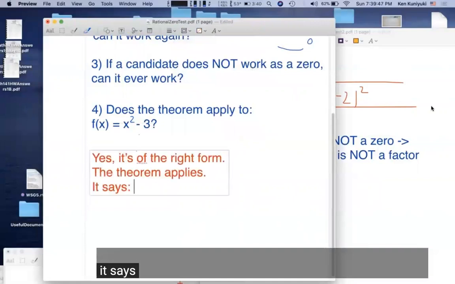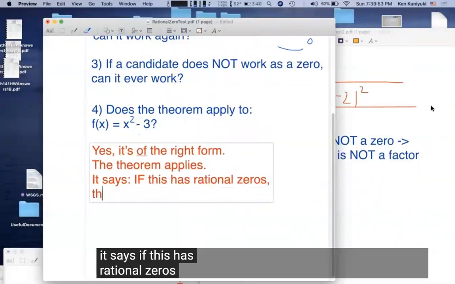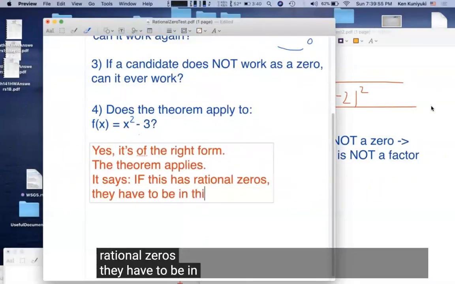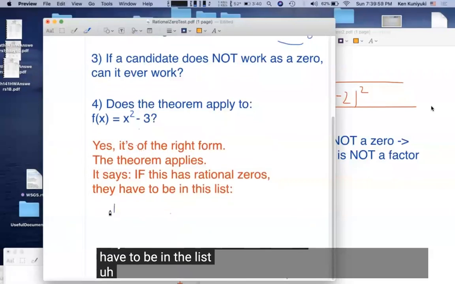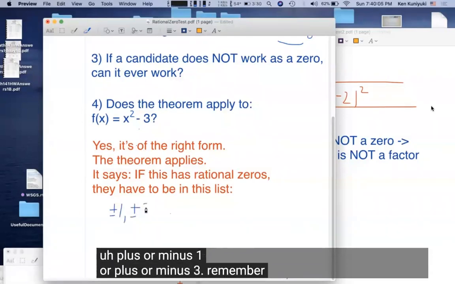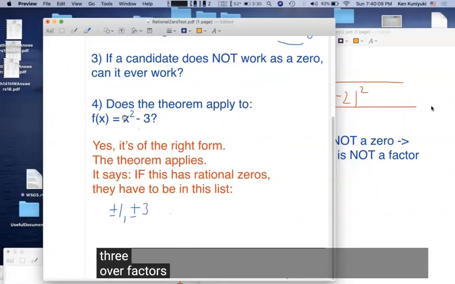It says if this has rational zeros, they have to be in this list. So it would have to be in the list plus or minus 1 or plus or minus 3. Remember, it's got to be plus or minus factors of the -3 over factors of the 1 over here.